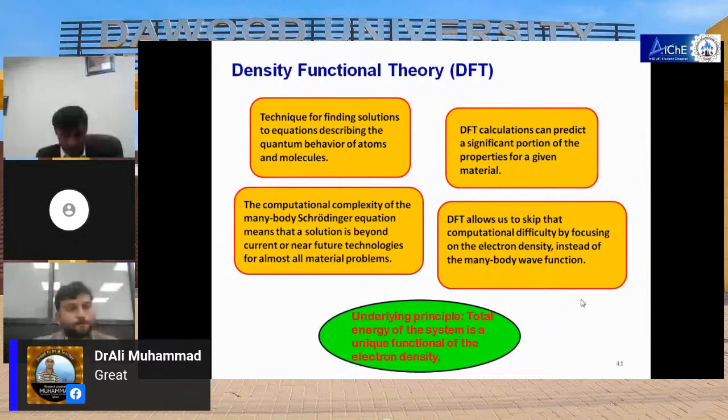And next is the electron density. This actually tells us which orbitals are contributing in the valence and conduction band.